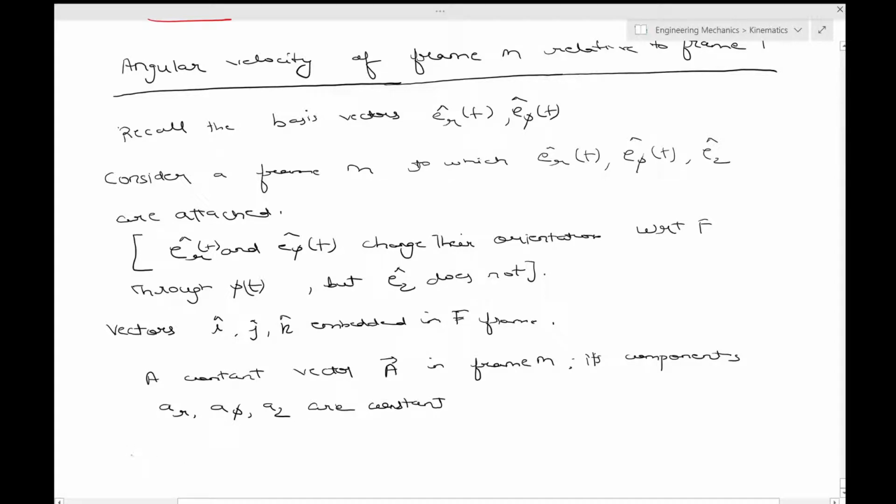That would mean that A of t would be A_r e_r(t) plus A_phi e_phi(t) plus A_z e_z(t), as A_r, A_phi and A_z cannot be functions of time because they are constant.